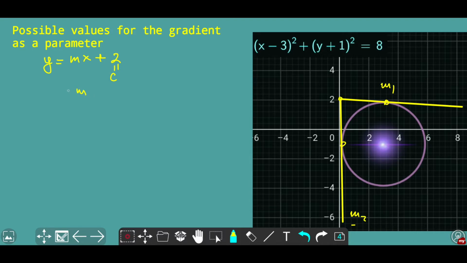So we can guarantee that if m is in between m2 and m1, we will have points of intersection with the circle.